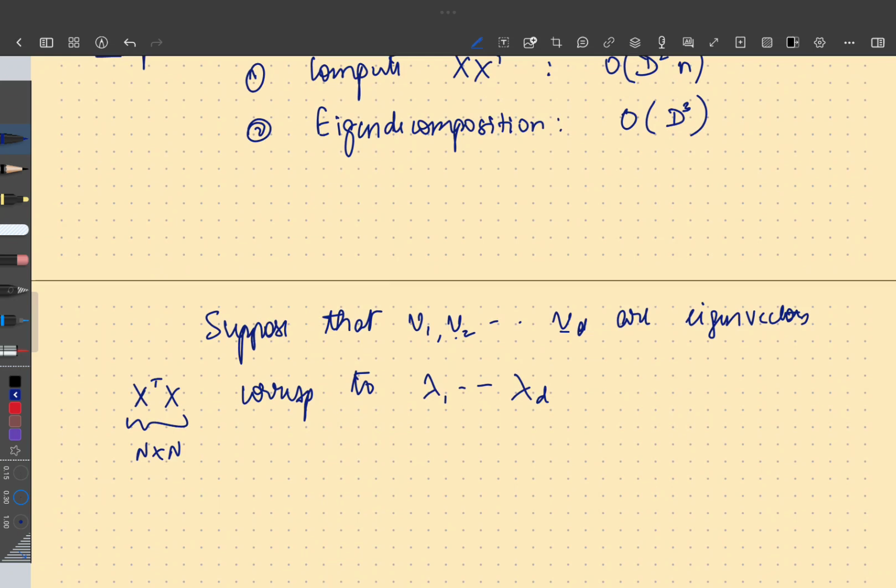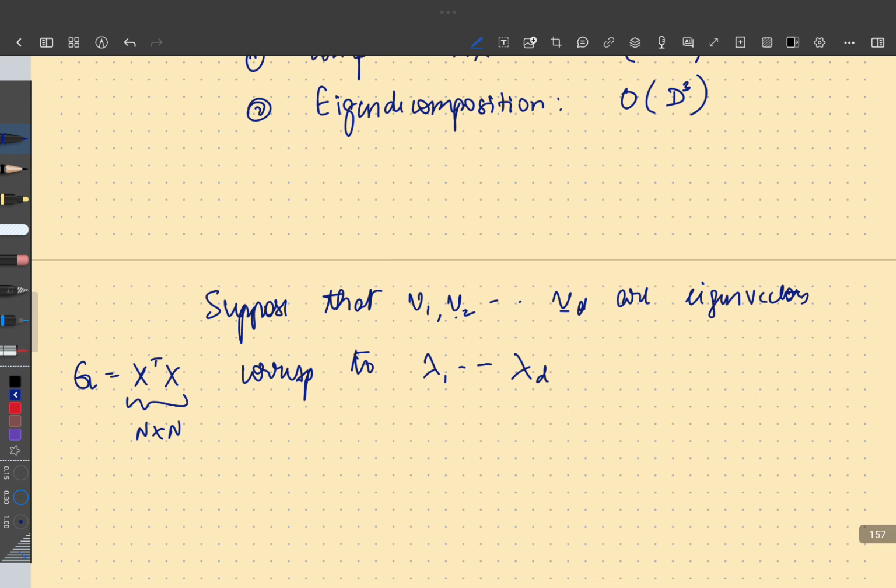This X transpose X is basically our Gram matrix, the matrix of all possible inner products between xi and xj. And recall that if we want to use the kernel trick, we want to represent everything using inner products. As long as we can express the whole problem purely in terms of inner products between data points, we can use the kernel trick to look at the higher dimensional embedding.